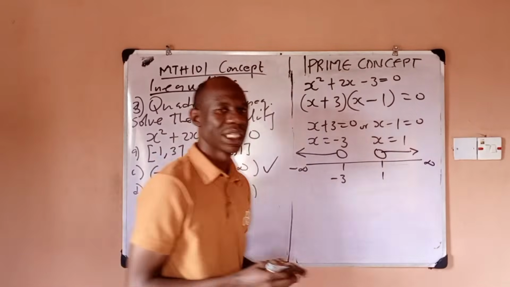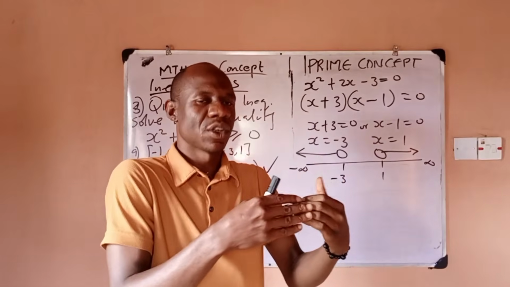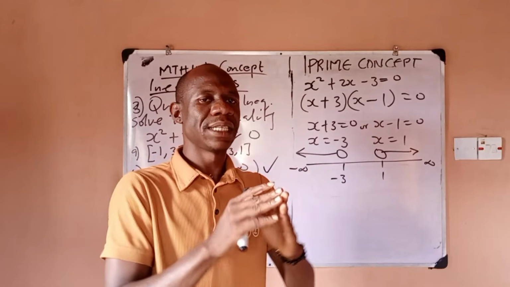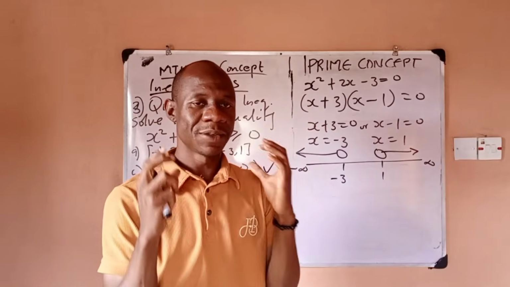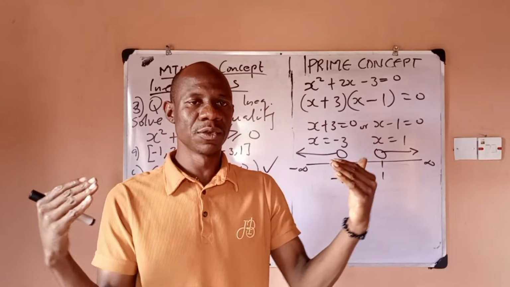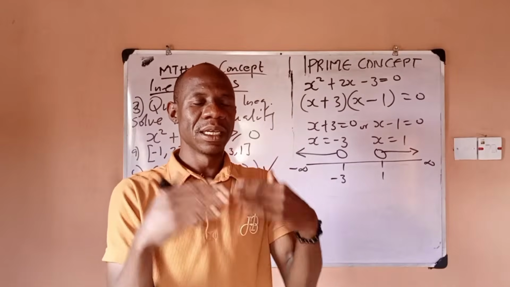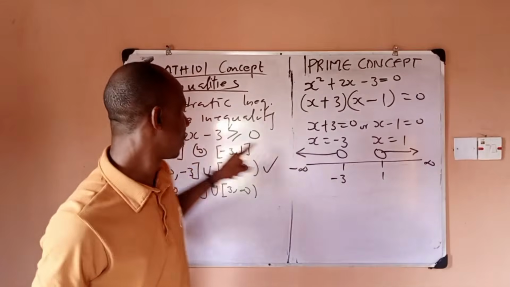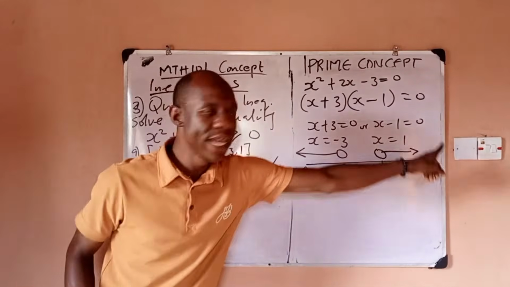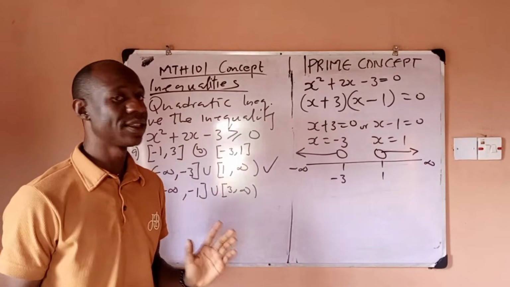If you are dealing with less than, it will jam each other. If you are dealing with greater than, it will go apart. In case you don't know it now. If you are dealing with less than, how do they move? They will jam, they will come to each other. If you are dealing with greater than, it will move away from each other. So this is greater than, so it's moving away from each other. Did you get the concept?